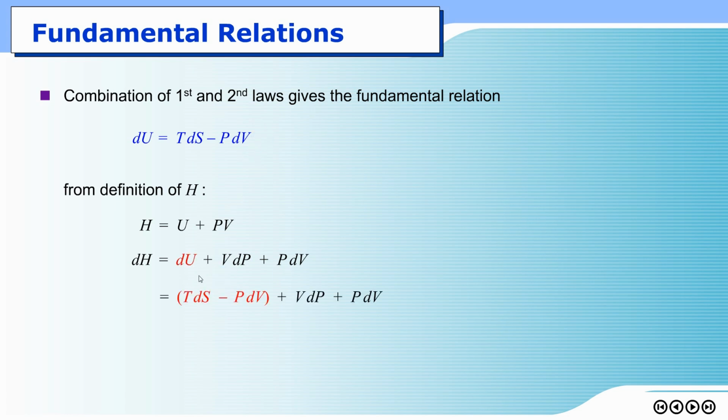So if we use the first fundamental relation and expand this dU into TdS minus PdV, you see that the red PdV here and PdV over there cancel out, and at the end you gain another relationship containing enthalpy, entropy, and PVT. This is another fundamental relation.